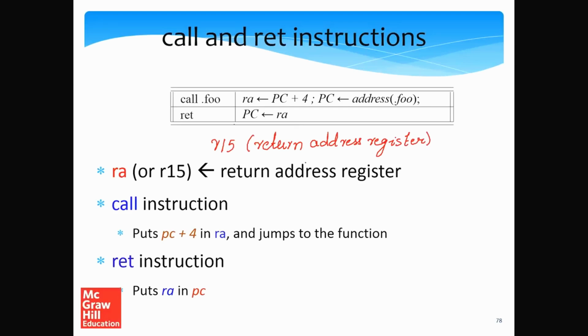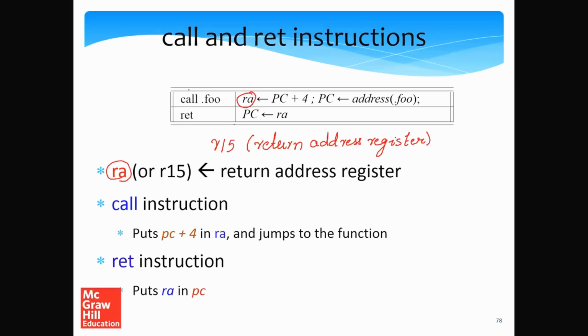We'll also refer to this register as RA or R15 interchangeably. What the call instruction does is that it computes the address of the next instruction, which is the current PC plus 4, and saves it in RA, the return address register, and then subsequently it sets the program counter to the address of the function that we want to go to.